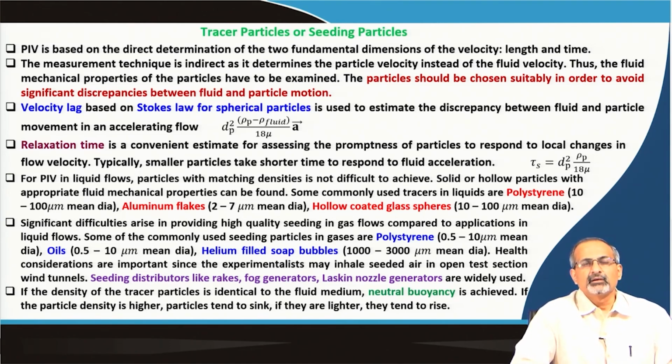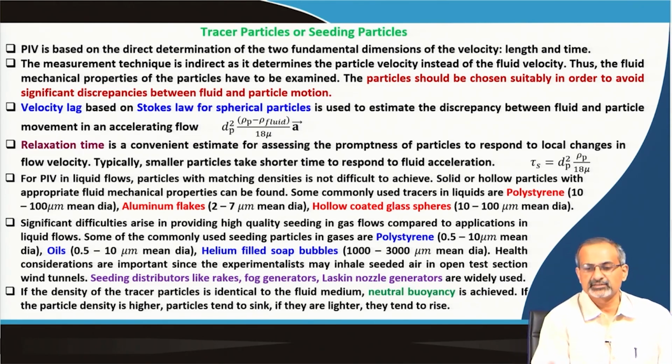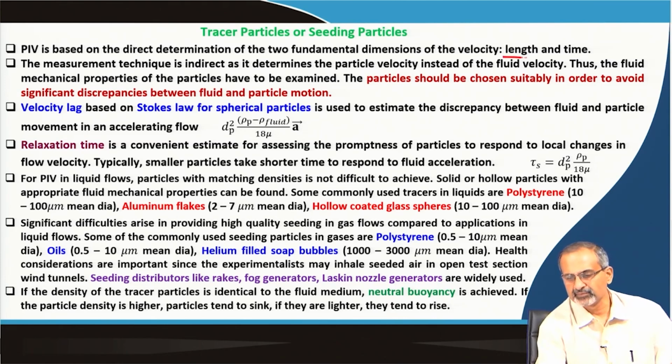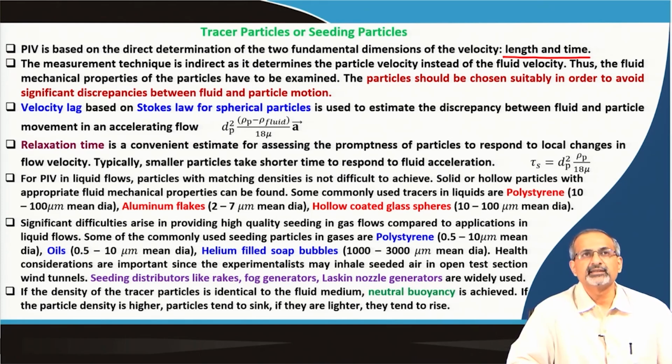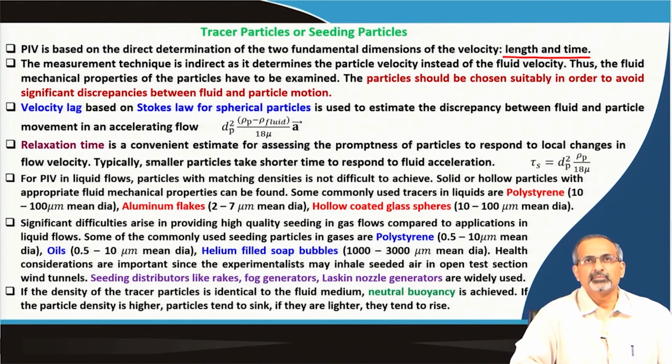So, as we have already discussed, PIV is based on direct determination of two fundamental dimensions of the velocity, length and time. That is why we have been talking about both temporal and spatial resolution. Now, the measurement technique is indirect, because we do not measure the flow velocity directly, but we measure the movement of the particles, and thereby we obtain the information about the flow velocity.